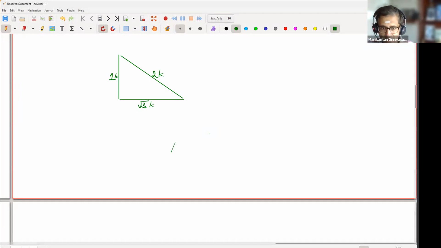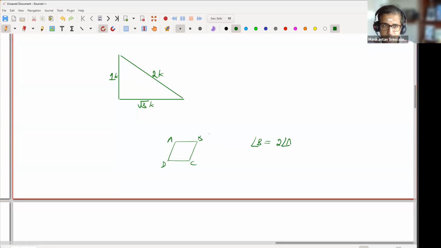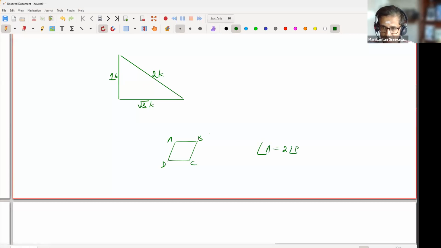In a rhombus, so there is a rhombus, A, B, C, D. Angle B is twice angle A. Oh, sorry, this is reverse. Angle A is twice angle B in this rhombus.